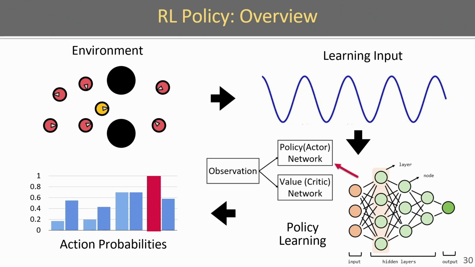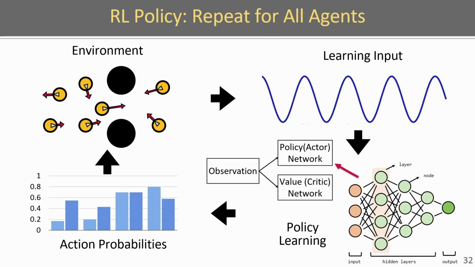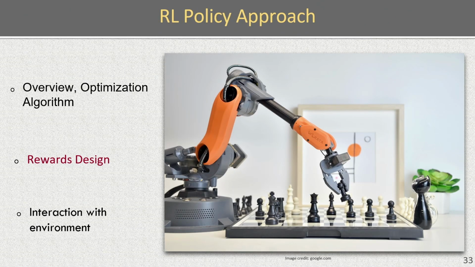To represent the state value function, the critic network also takes state observation as input and outputs a single value representing the state value of the state. This method is iteratively repeated for all the agents, and agents eventually learn how to navigate through different iterations.